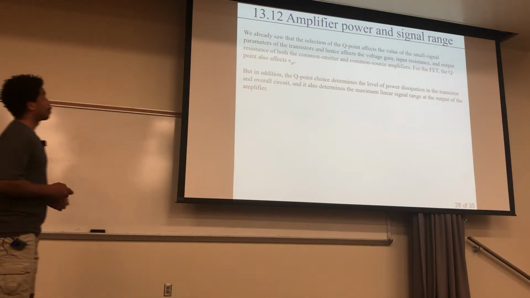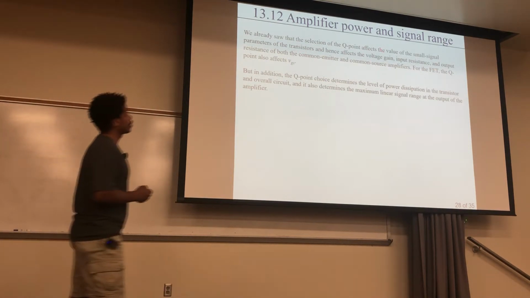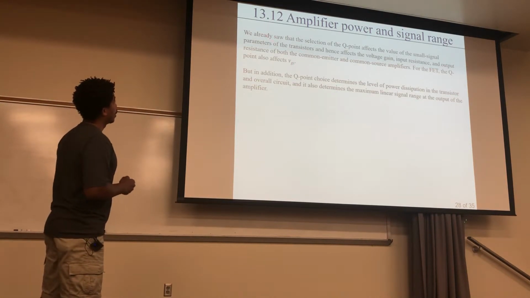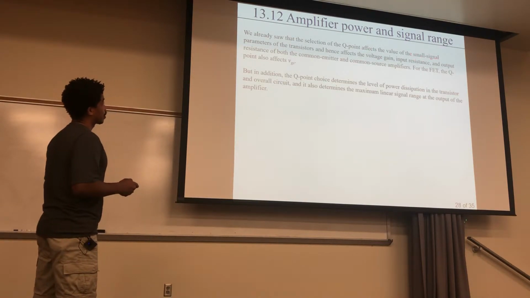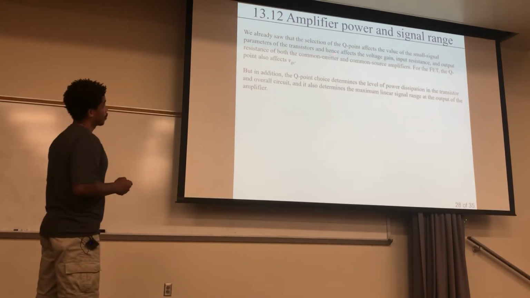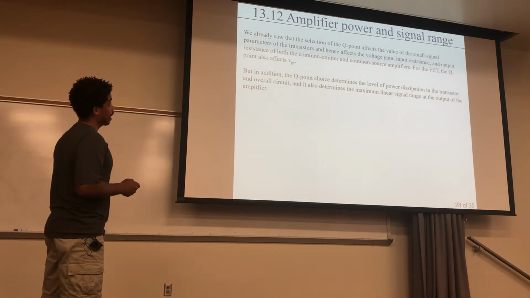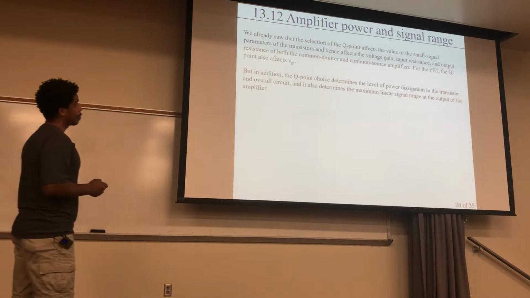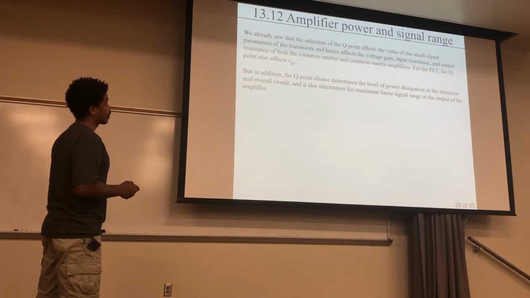Okay, so let's look at amplifier power and signal range. We already saw that the selection of the Q point affects the value of the small signal parameters of the transistors, and hence affects the voltage gain, input resistance, and output resistance of both the common emitter and common source amplifiers.